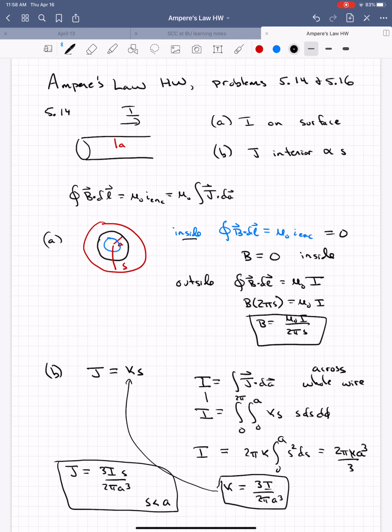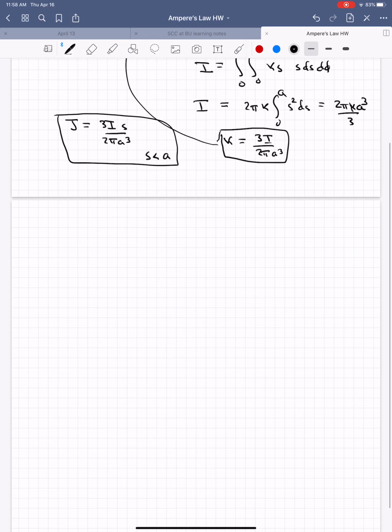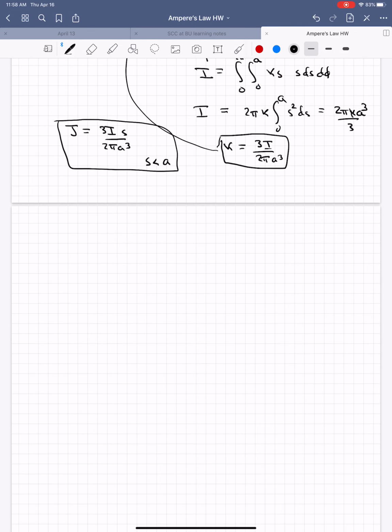Okay, so now that I know my current density in terms of the total current I can use Ampere's law to find the B field. So here is again my wire, and my wire has a radius of A. If I'm on the inside, then I draw my Amperian loop on the inside.